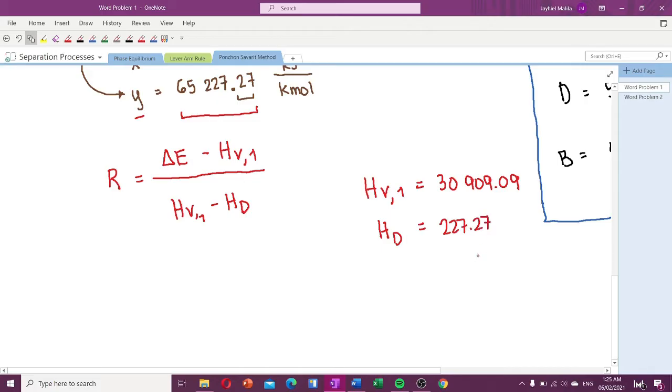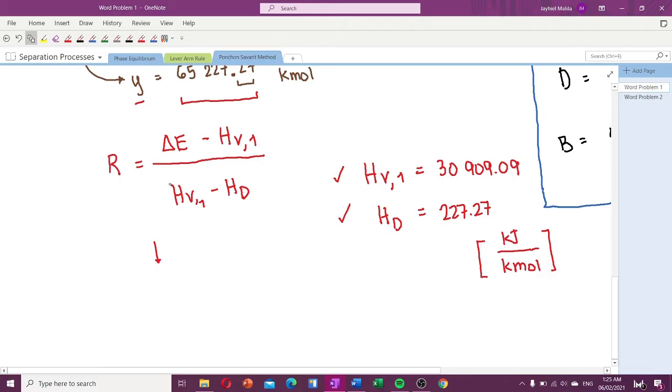227.27. Of course, the units are in kilojoules per kilomole. If you wonder, I have already introduced this to you, but the formula I introduced is not for delta E min. The pattern for the formula is just similar to the one above.